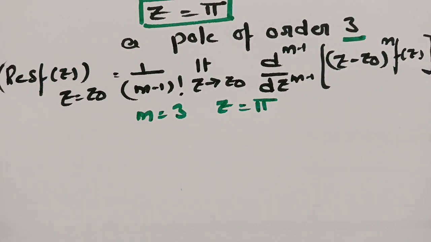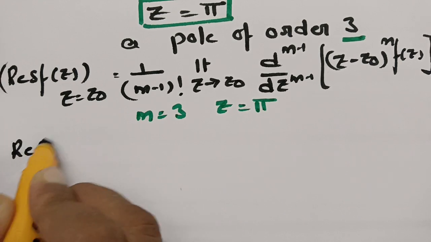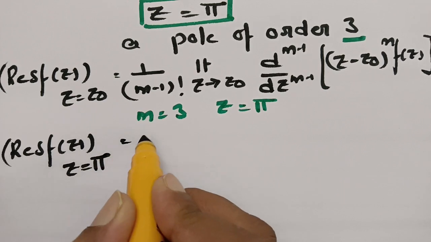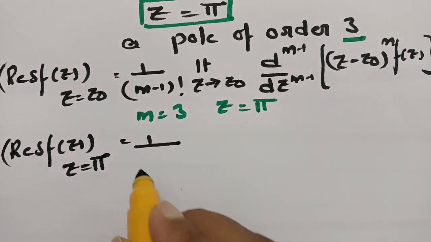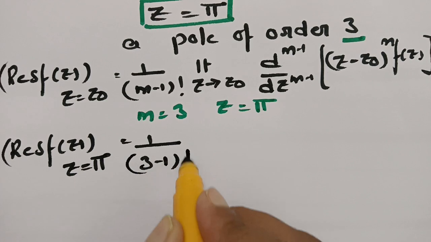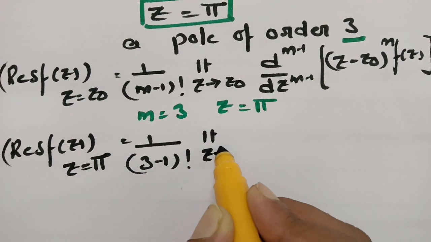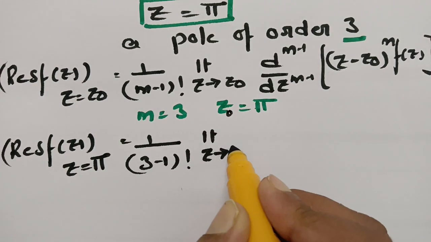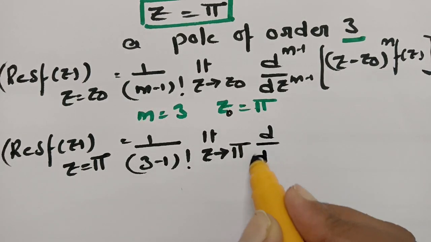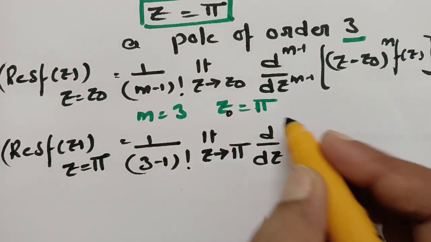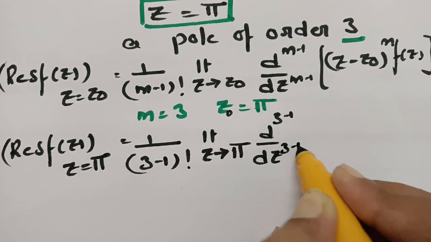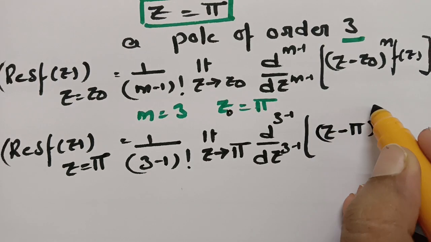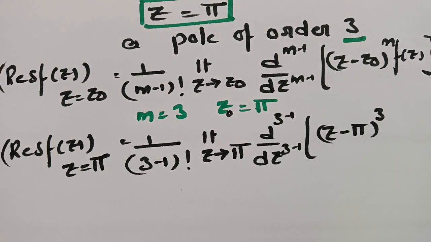Residue of f of z at the pole z is equal to pi is equal to 1 by 3 minus 1 factorial into limit z tends to z naught, our z naught value is pi, d by dz power m minus 1, which is 3 minus 1, into z minus pi, and the order value is equal to 3 here.